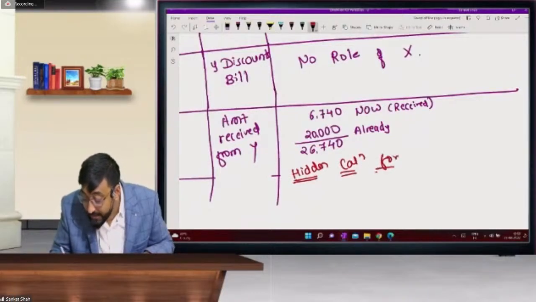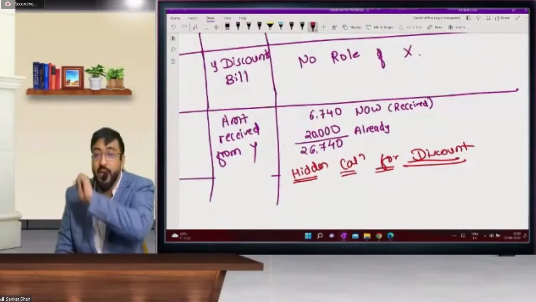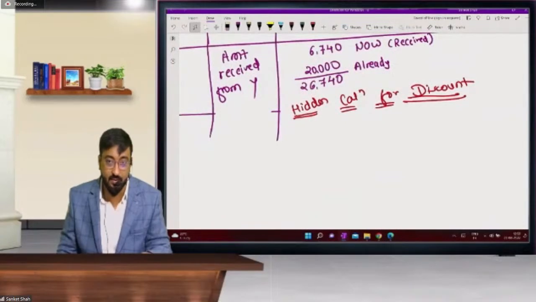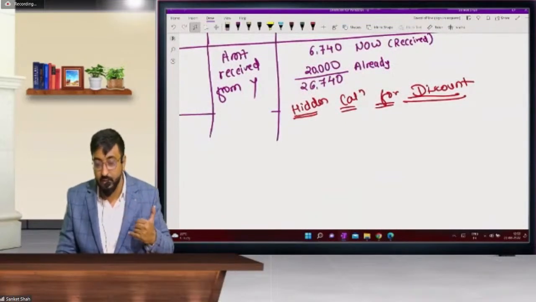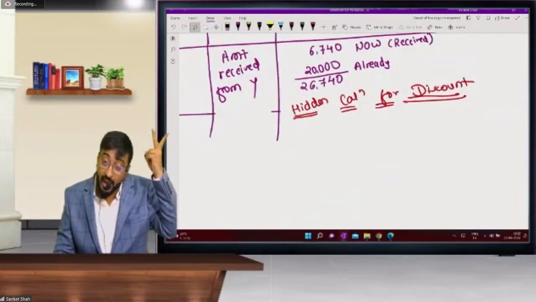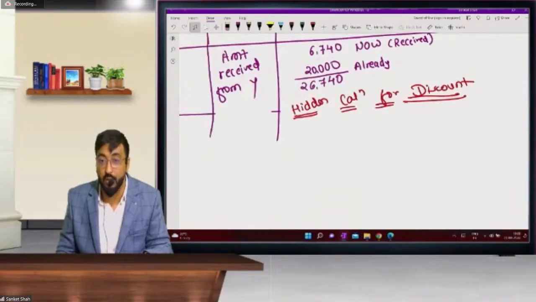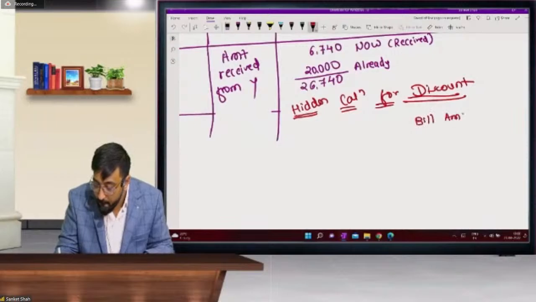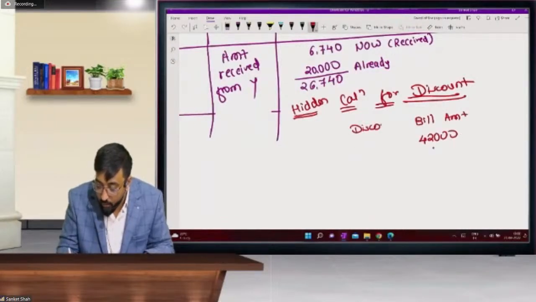And now hidden calculation for discount. Now this is very important. Here students are making mistakes. Okay, 6740, now we received it. 20,000 already we have. We are X. So 26,740 is a total balance. What is the bill amount? 42,000. What is the discount amount? Wait.